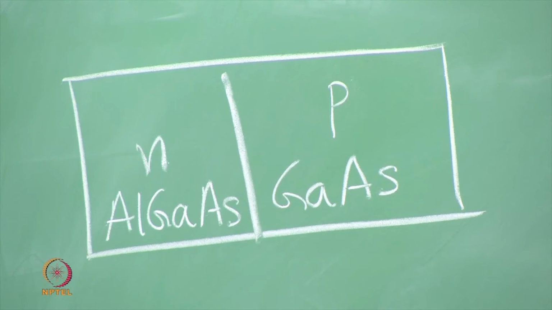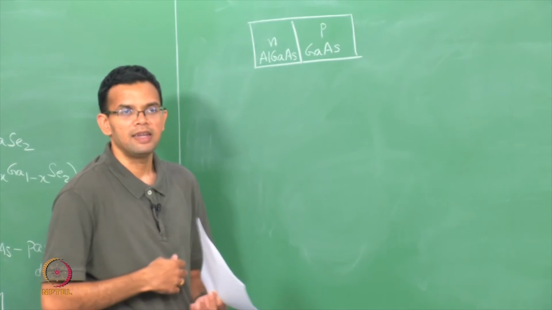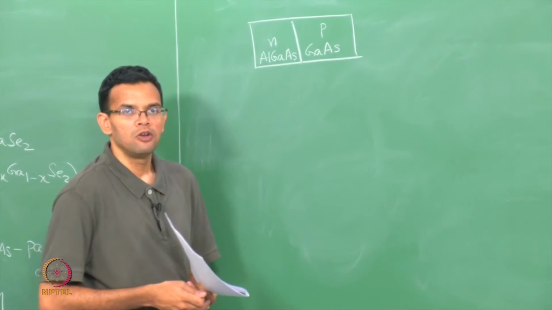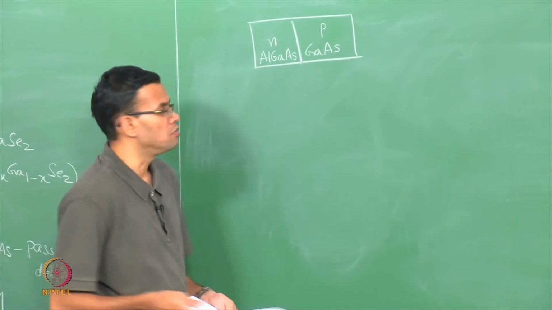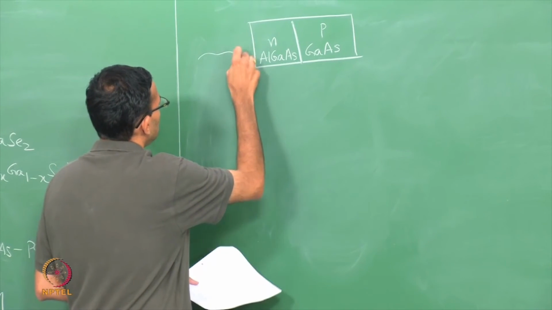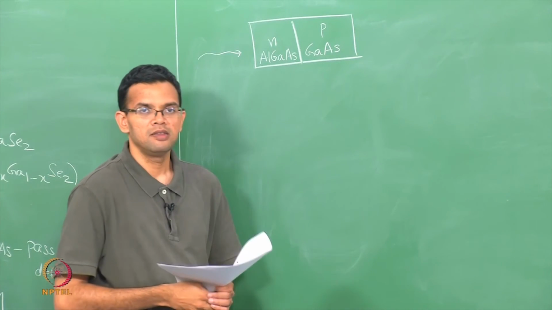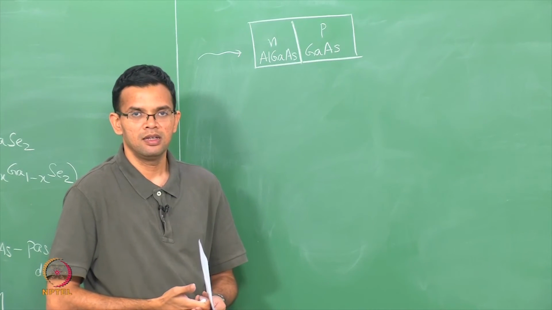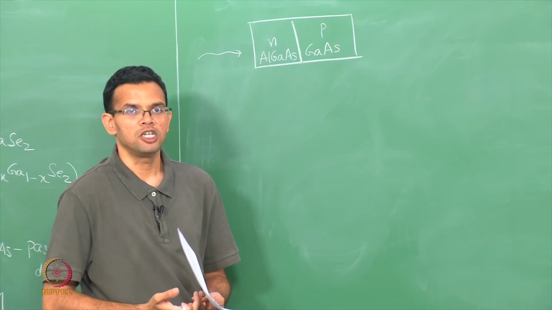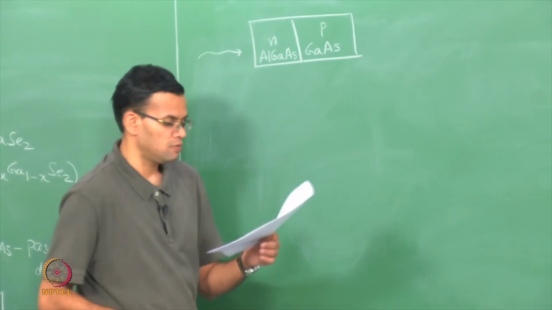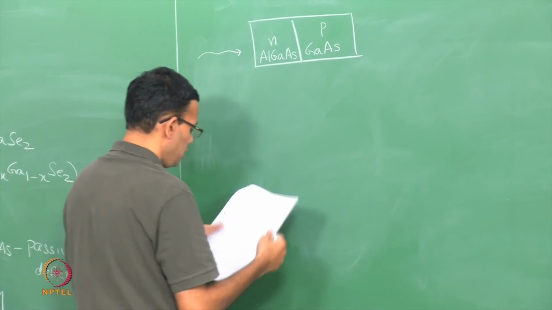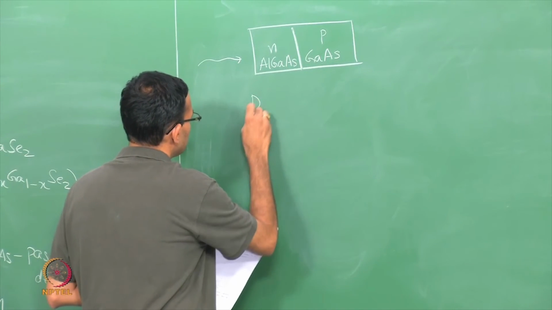Aluminum gallium arsenide has a higher band gap. Once again it acts as a window in order to allow the radiation to reach the junction, so that we no longer need the n layer to be really thin, as in the case of a homojunction based p-n junction. So, here you have different band gaps.